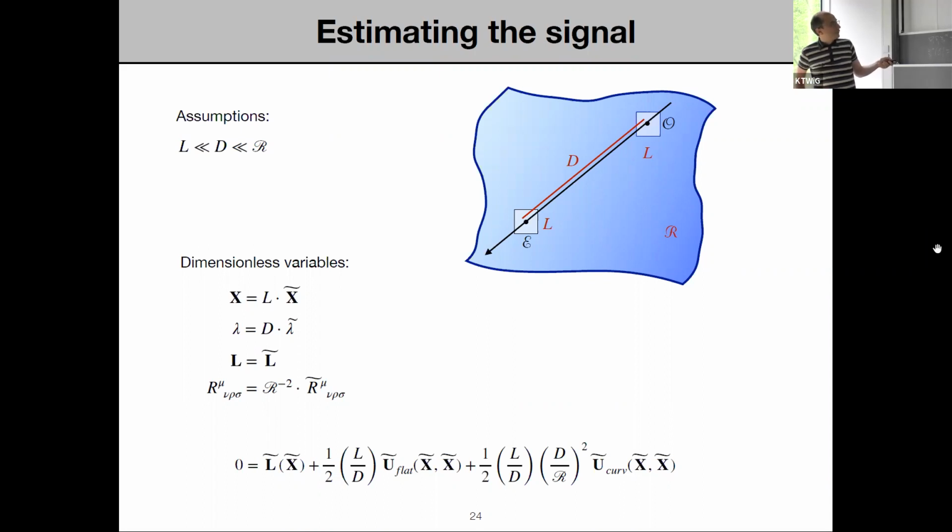This thing here, which is responsible for the redshift and the Shapiro delays, is by far the largest. Then the finite distance effects are suppressed by the size divided by the distance, L over D, as expected. And the curvature effects are small on top of that because they're also suppressed by the distance divided by the radius squared.